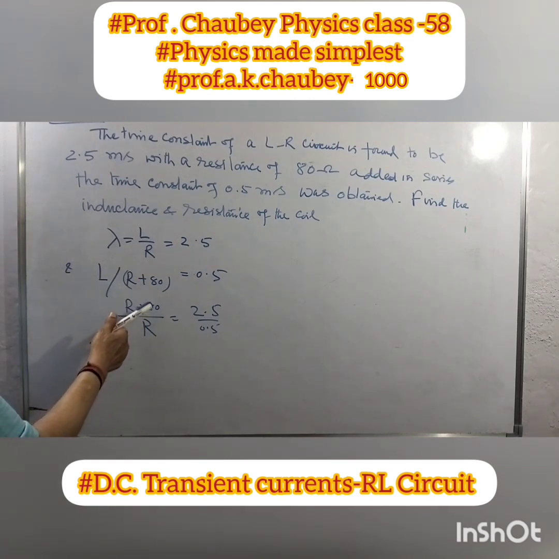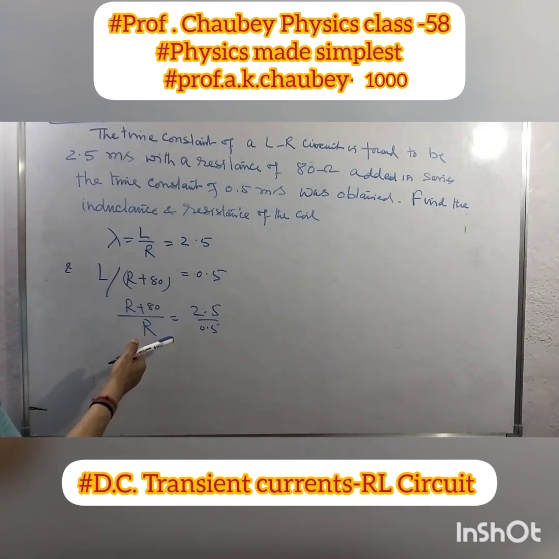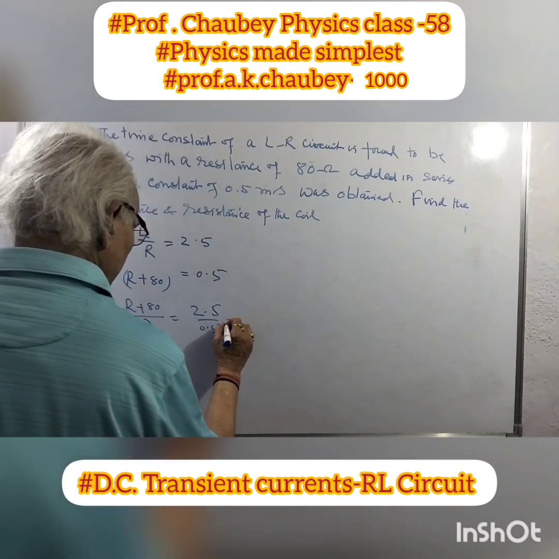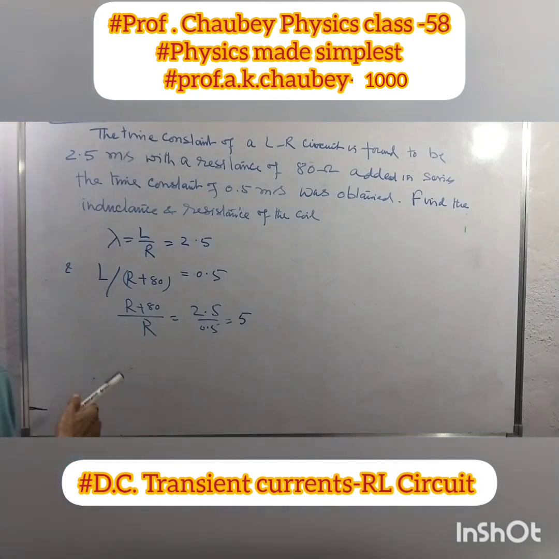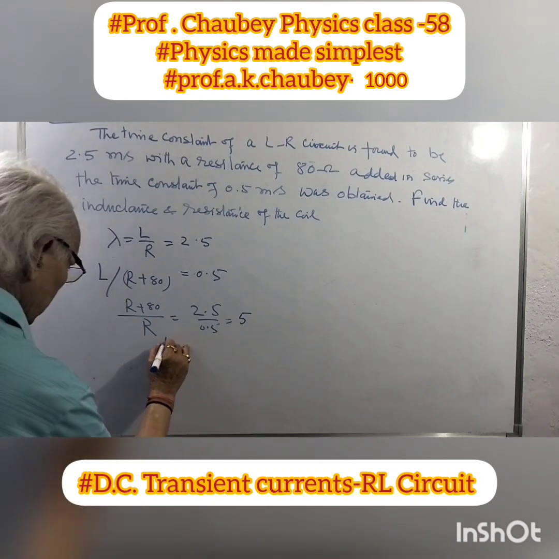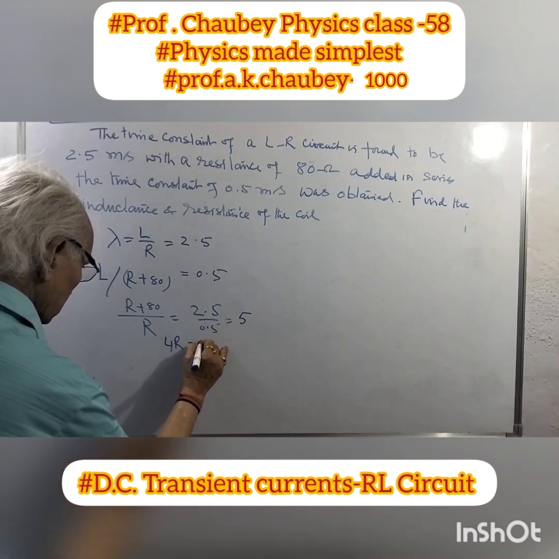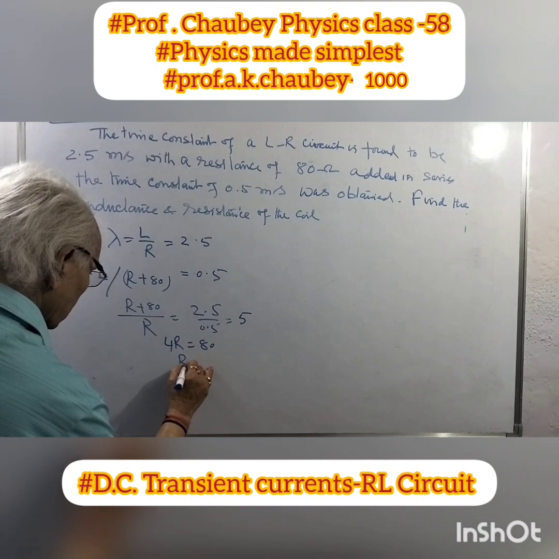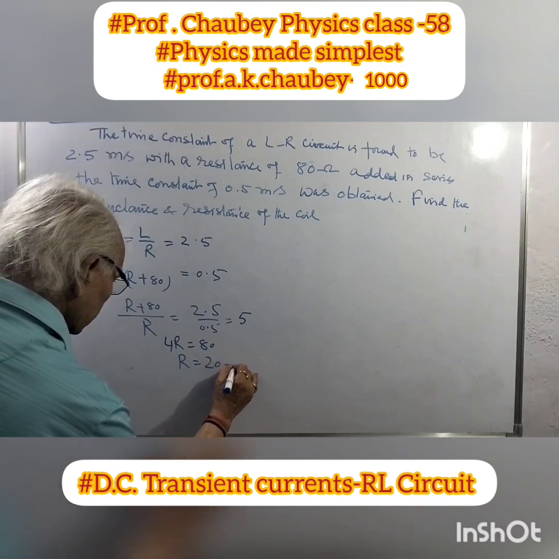So we get R plus 80 by R is equal to this, and just solve this equation. L gets cancelled. So from this you get 5, so 5R is equal to R plus 80, so 4R is equal to 80. R is equal to 20 ohm.